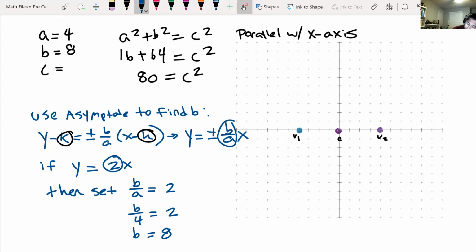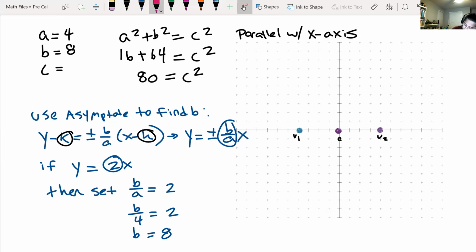Okay. Because then, after that, what is the value of a? Well, the value of a is 4, so you said 2 equals b over 4. You plug it in there, then you multiply by 4 and you get b equals 8. Okay. Better? Yeah.